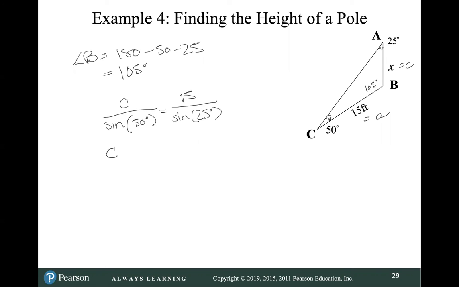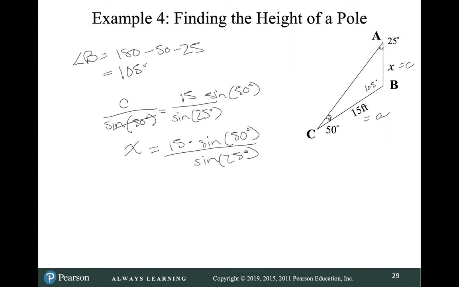So C, or X, if I'm using my substitution property, equals 15 times sine of 50 degrees divided by sine of 25 degrees. Into the calculator, and we will round to 1 decimal place for length again, and we should get 27.2 feet. We did have units this time, so we have to use them.